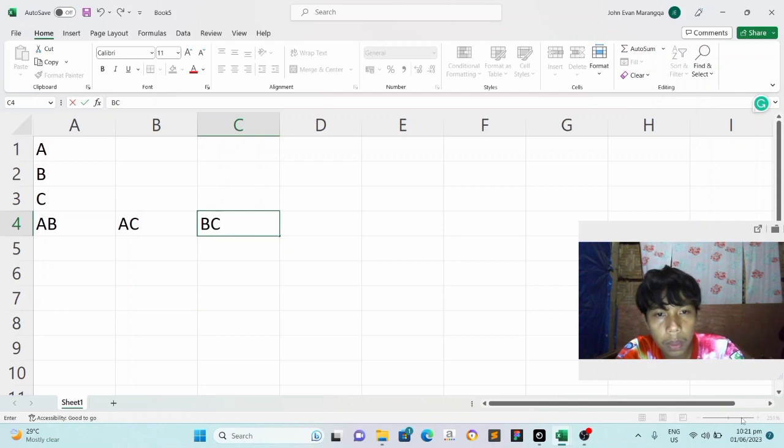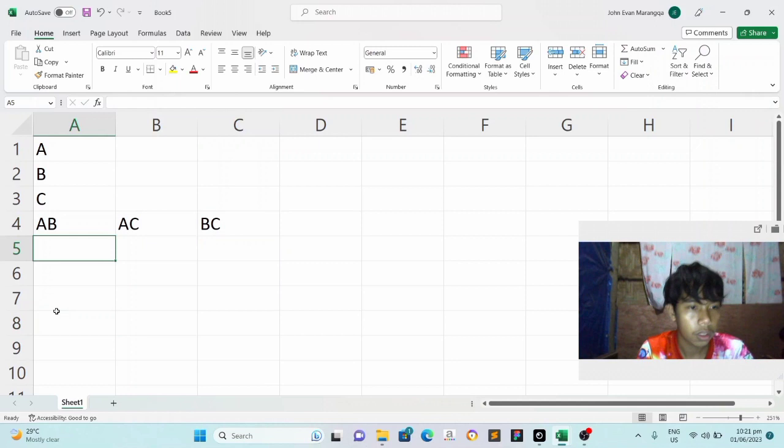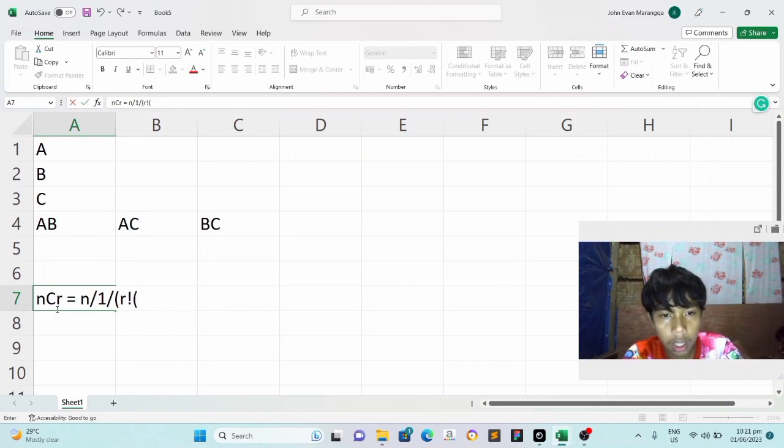So to determine the total number of combinations in this case, we use the formula for combination without repetition, which is given by nCr equals n factorial divided by r factorial times (n minus r) factorial.